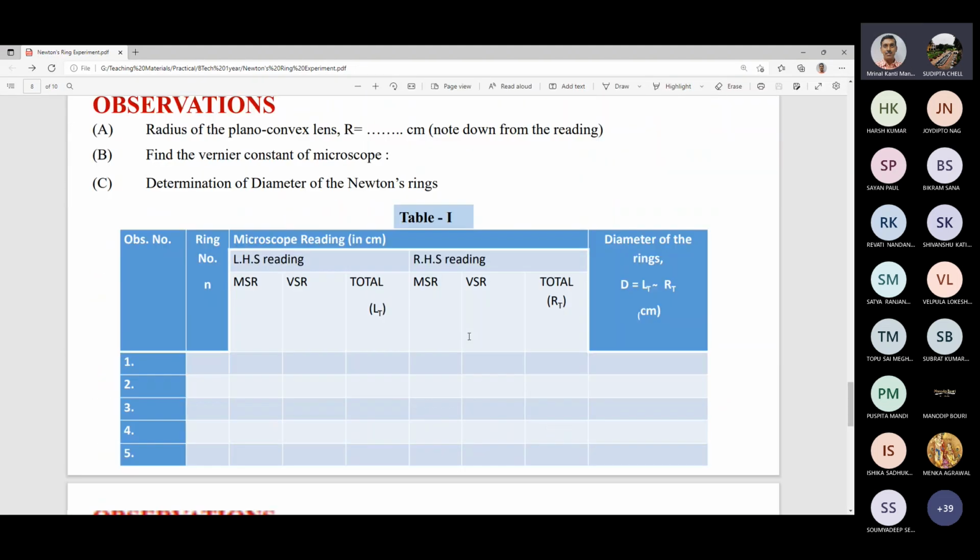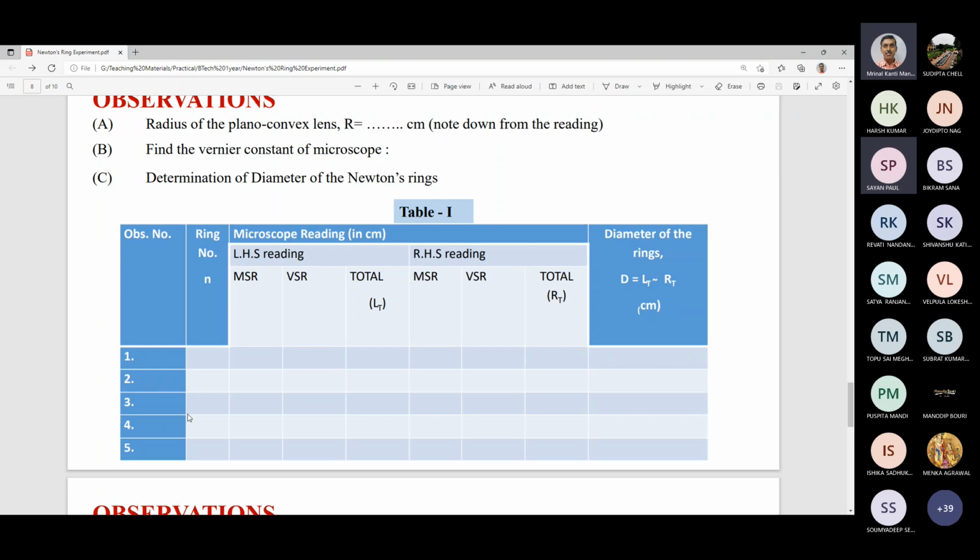You see here. So on the left-hand side there are four readings. The ring order numbers are 2, 3, 4, 5, 6. Then what will happen? Left hand side reading, right hand side reading. Taking these two differences gives the diameter of the second ring. And for the third ring, you take this difference, that is the diameter of the third ring, fourth ring, fifth ring.